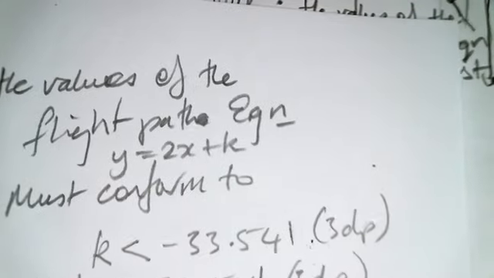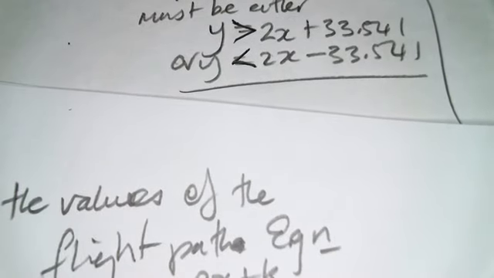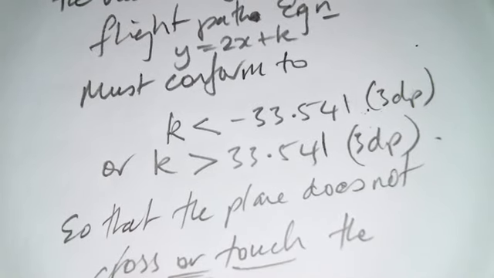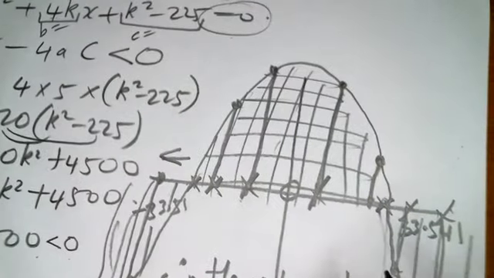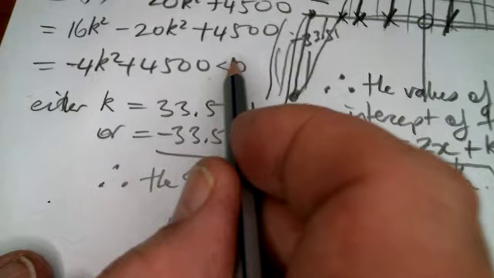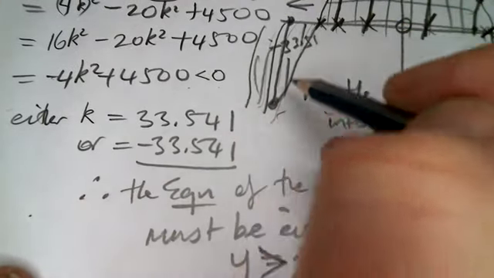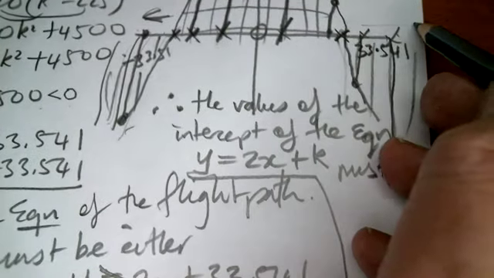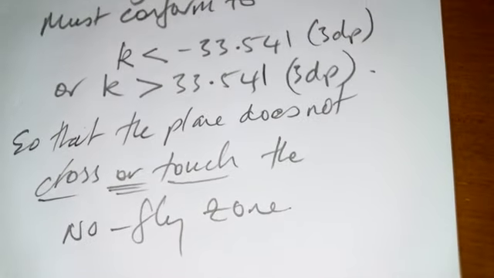I don't mean to confuse you with all that, but I would conclude by saying that we've chosen these values simply because when we draw the parabola and this equation is less than 0, the less than 0 values are where the parabola drops below the x-axis on either side, and so there must be anything from here onwards or anything from here onwards. So that's the way I would express that answer, and that is why.